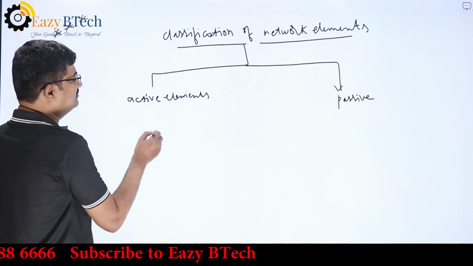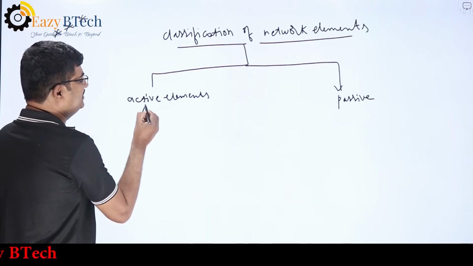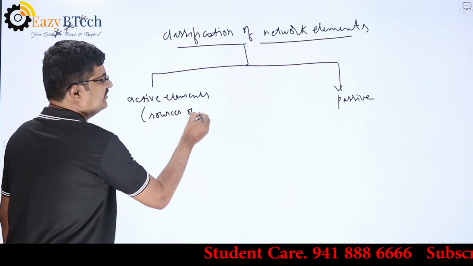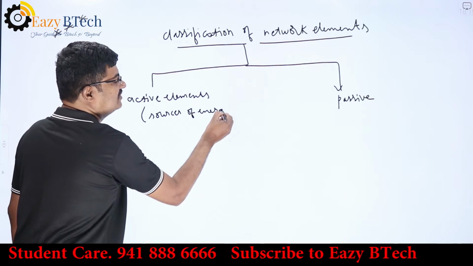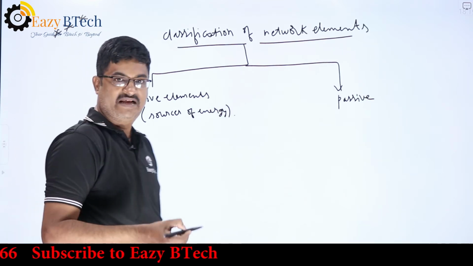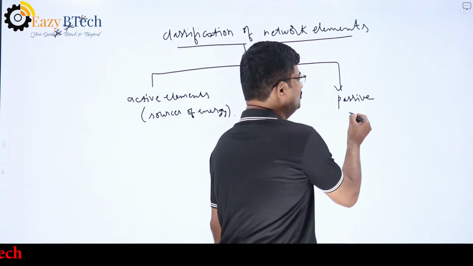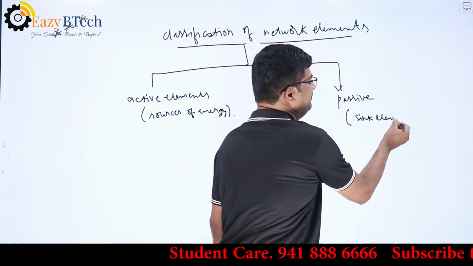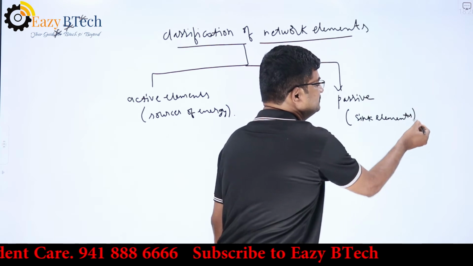Active elements are also said to be the sources, the sources of energy. Passive elements are said to be the sink elements, which means they will be absorbing the energy.